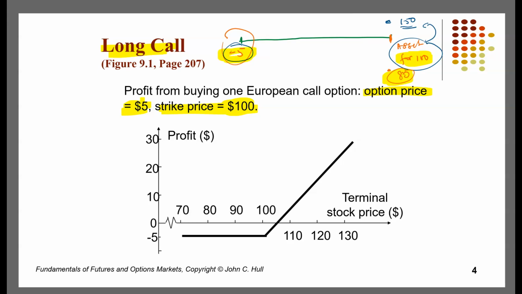And so the profile is going to look something like this. We're going to spend the $5 initially, and we're going to wait until the price of the underlying goes to the point that it is at least equal to the strike price. Then we start considering it. So when the price of the underlying, let's call that S0, is at least equal to the strike price, then we start thinking about it.